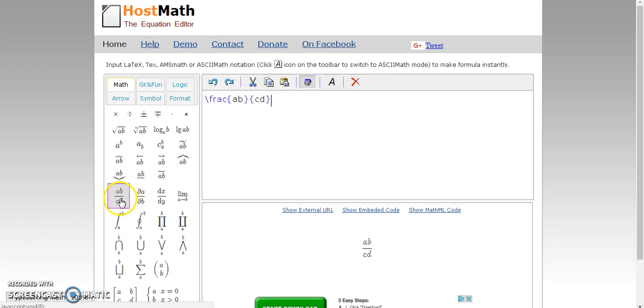So, AB over CD, that's a fraction. Notice how I do backslash frac, and then two curly brackets here. And down here, this is what it looks like. So if I were to change this to 3 over 5, that's how you type in the fraction 3 over 5. Okay? So when I do the quadratic formula, it's negative b.